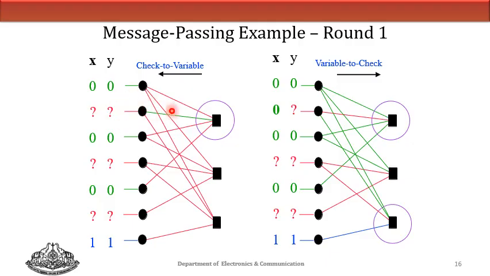This will be computed if all other incoming message values, except this connection, are other than erasure, then the sum of those values will be sent to this variable node as the message. So here the check node will compute 0 plus 0 plus 0, which is 0. This 0 message goes towards this variable node, and you can see this 0 here.